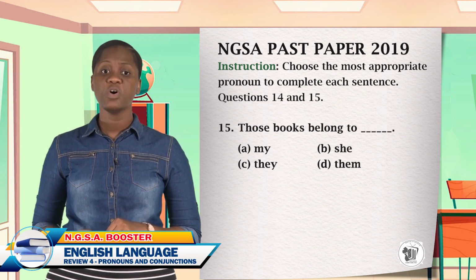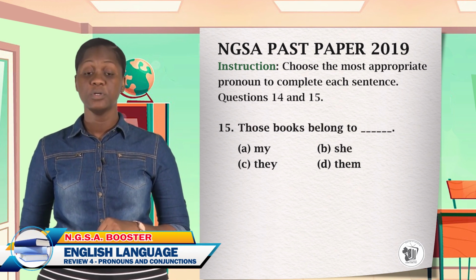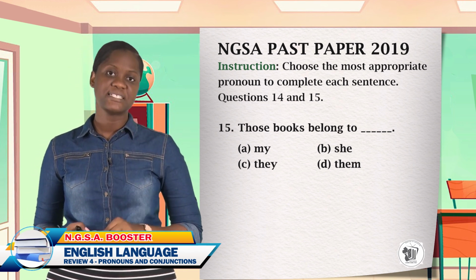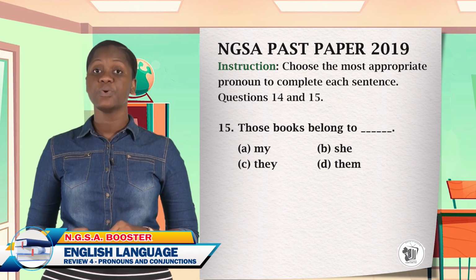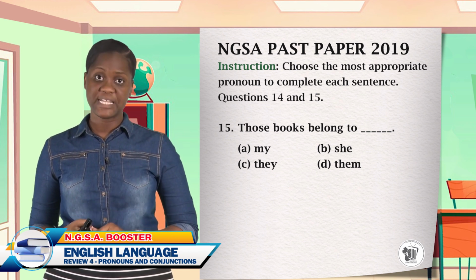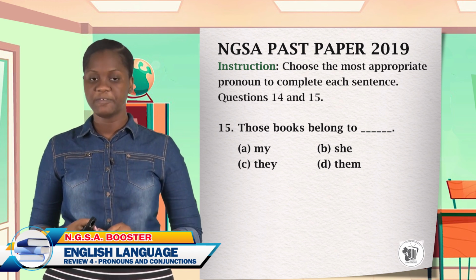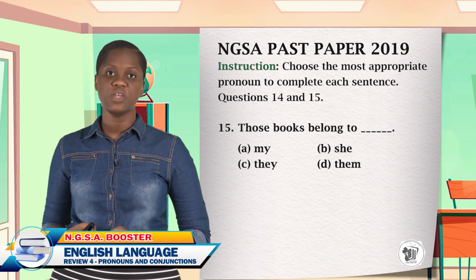Number 15. Those books belong to something. Again, in this sentence, we are referring to the object of the sentence, and therefore our answer must be an objective pronoun. So let's take a look at the options.